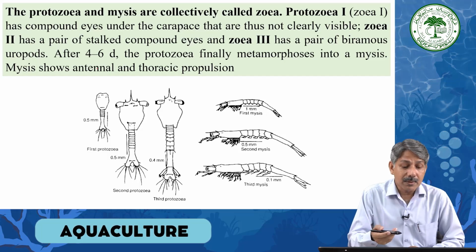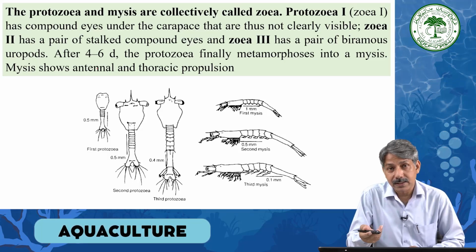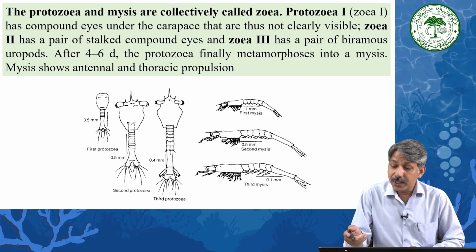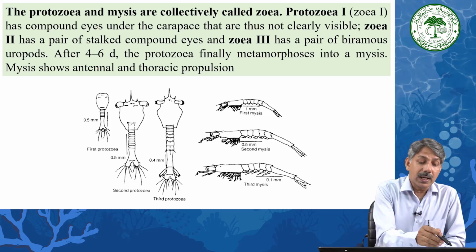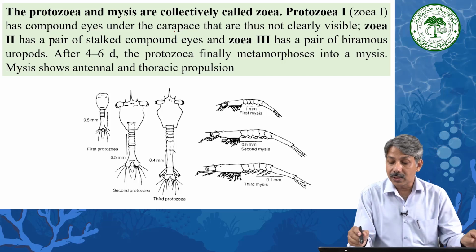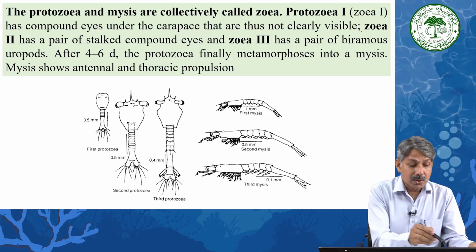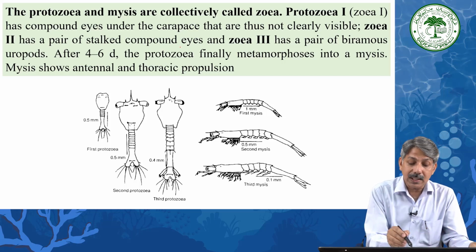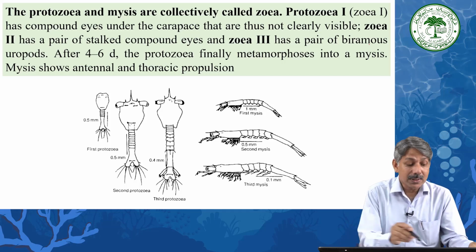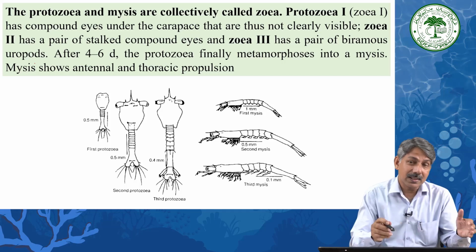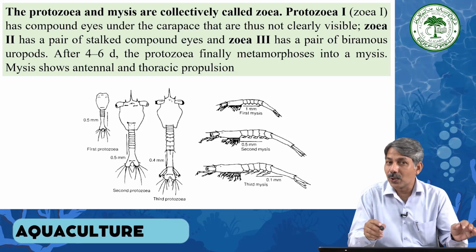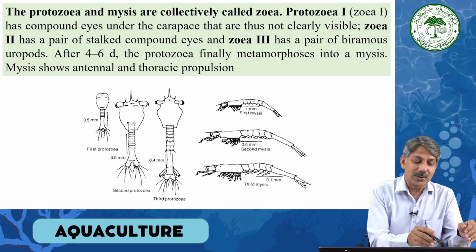The protozoea and mysis, what we collectively know as zoea: protozoea 1, or zoea 1, has compound eyes under the carapace and they are thus not clearly visible. Zoea 2 has a pair of stalked compound eyes, and zoea 3 has a pair of biramous uropods. These are some of the features you need to understand in order to identify different zoea stages.